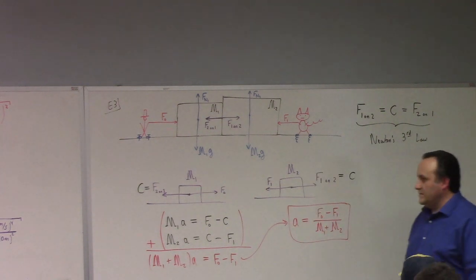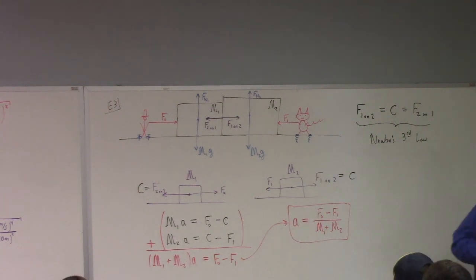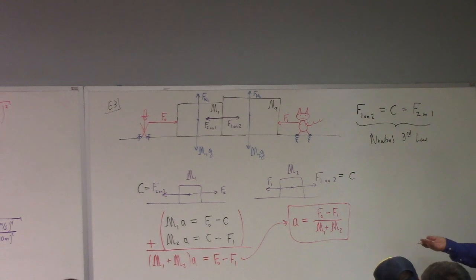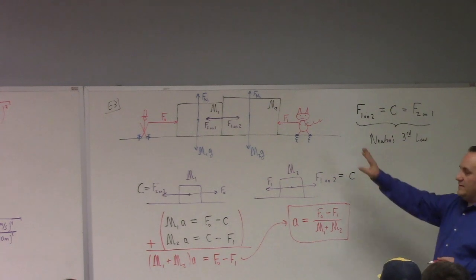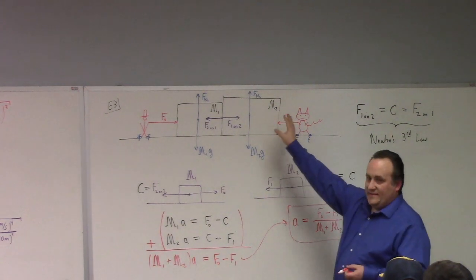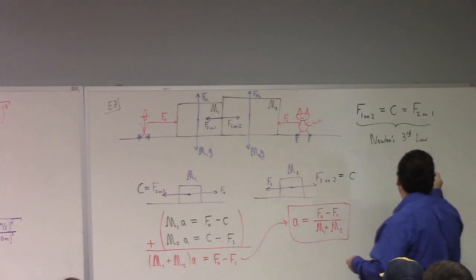Now some of you who have some kind of innate intuition about mechanics probably could have told me that without doing all what I did. You probably could have ignored even the concept of the contact force and just said, well, what you're really looking at here is like a single mass. It's essentially the same thing.